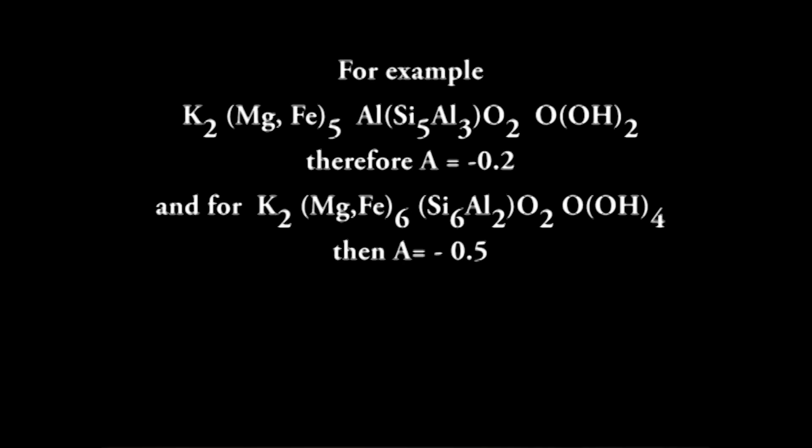For example, for K2O (Mg,Fe)5 Al (Si5 Al3) O20 (OH)4, A equal to minus 0.2, and for K2O (Mg,Fe)6 Si6 Al2 O20 (OH)4, A equal to minus 0.5.